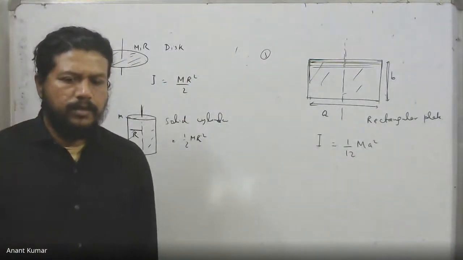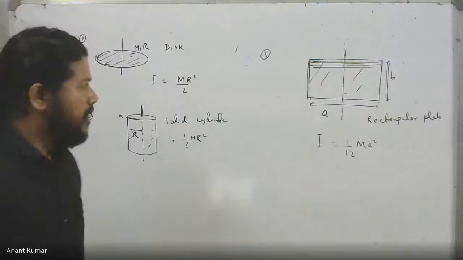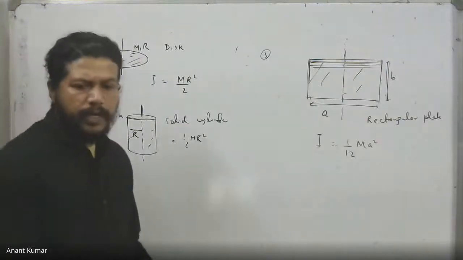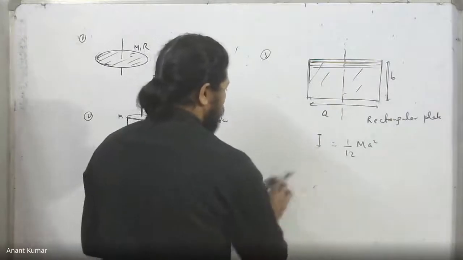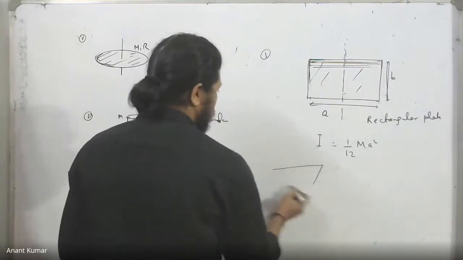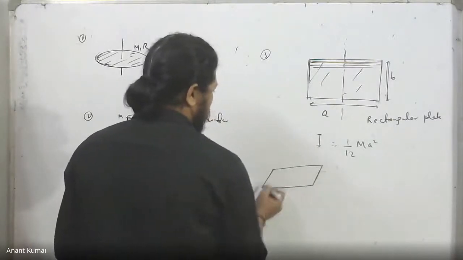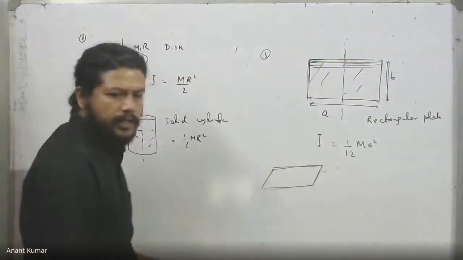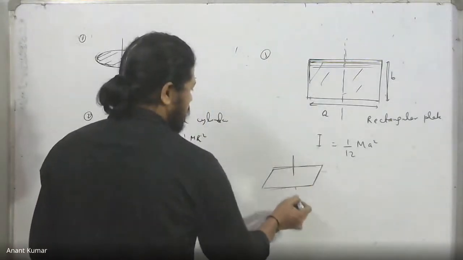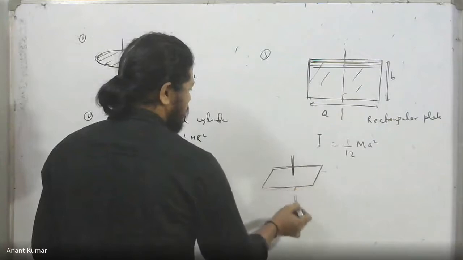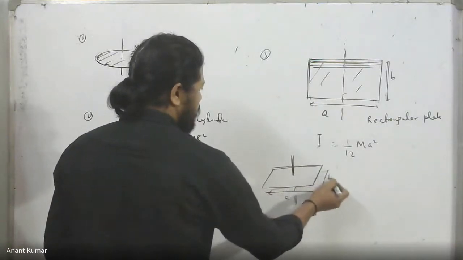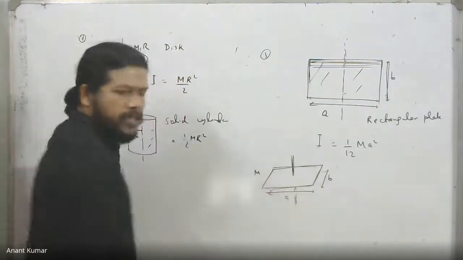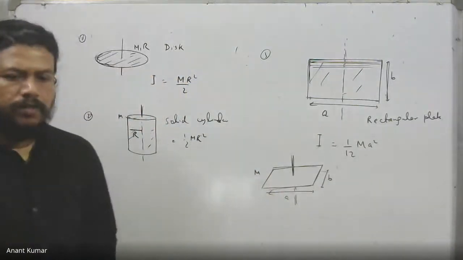What about the moment of inertia about the central axis perpendicular to this plate? If I had the same rectangular plate, that is A, that is B, the mass is M, but the axis was passing through the center perpendicular to the plate, what will be the moment of inertia of this plate?